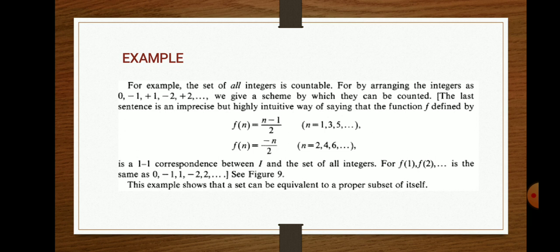So we can define a function as f(n) is equal to (n minus 1) by 2 for n equal to 1, 3, 5, etc. Here we consider n as an odd number, and f(n) is equal to minus n divided by 2 for n equal to 2, 4, 6, etc. These are all the even numbers. And now this function satisfies the one-one correspondence conditions.